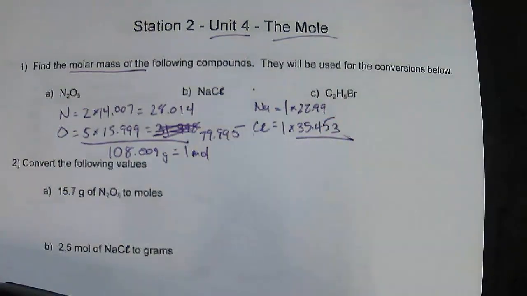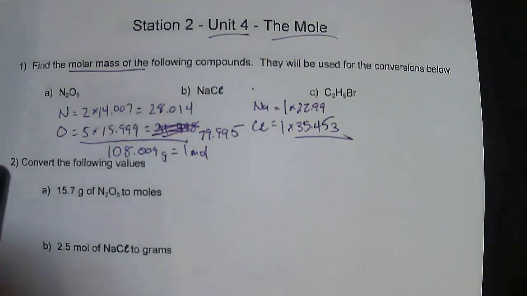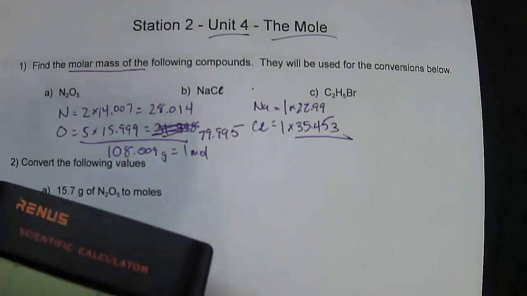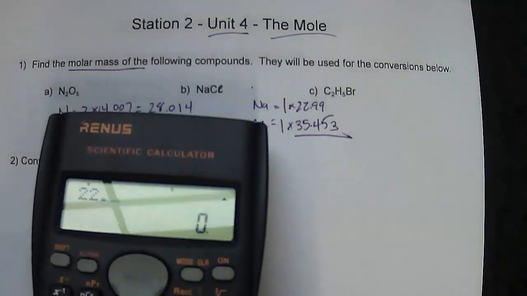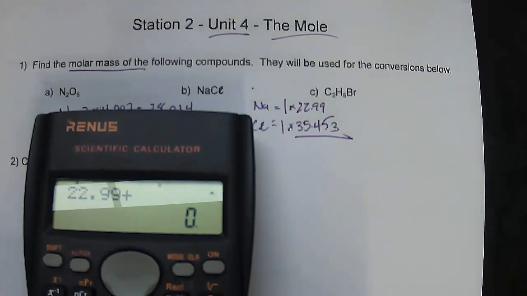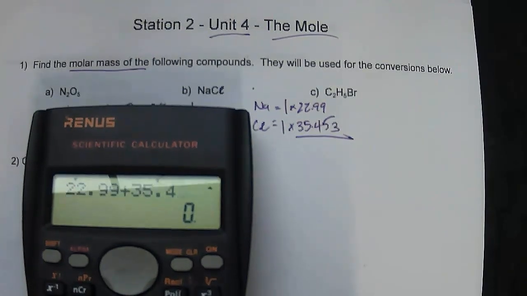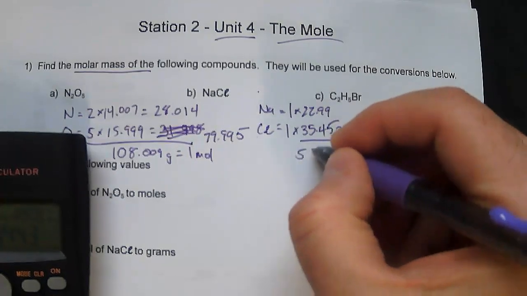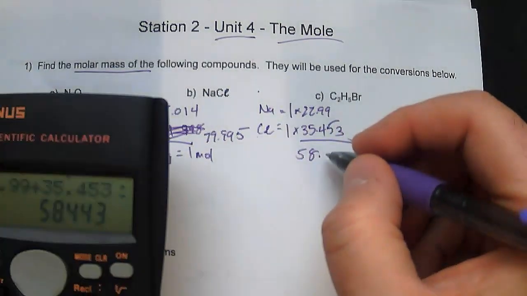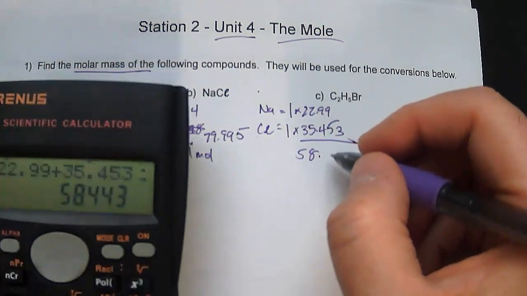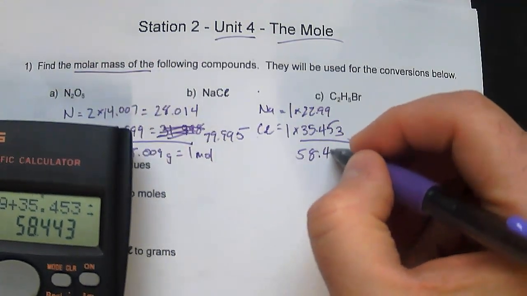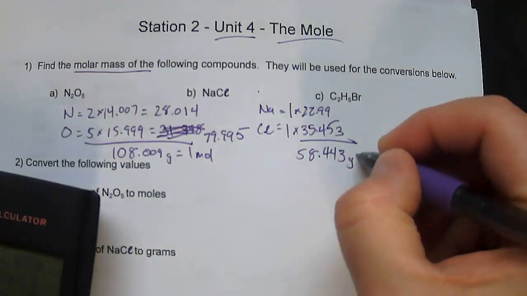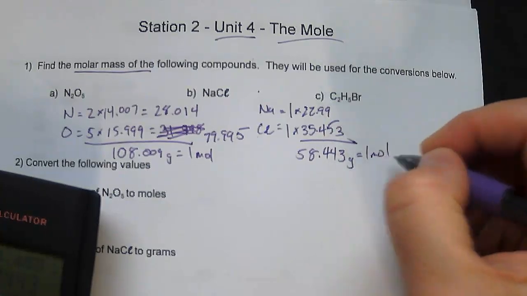And we take those and we multiply and add them up. And we get 22.99 plus 35.453 is 58.443 grams equals 1 mole.